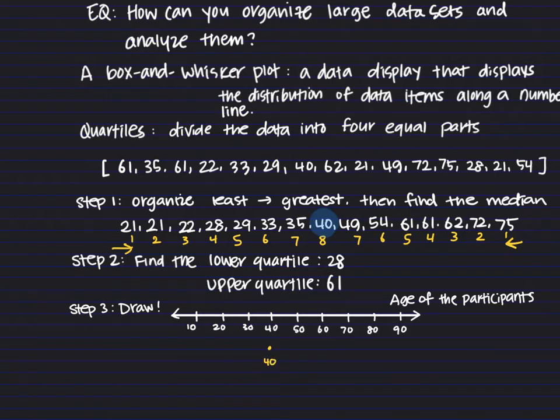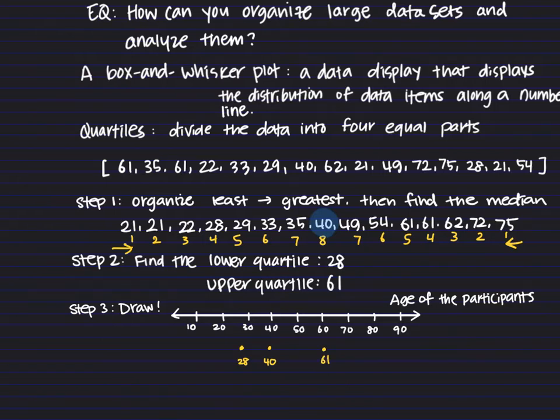And then I have my lower quartile, which is 28. It's going to be a little less than 30, so I'm going to put it right here, 28. And then I am also going to use my upper quartile, which is 61. So it's a little past 61.